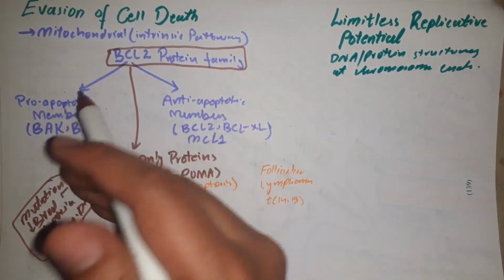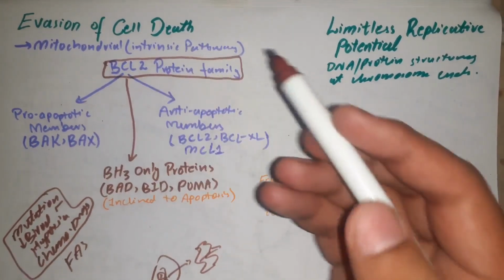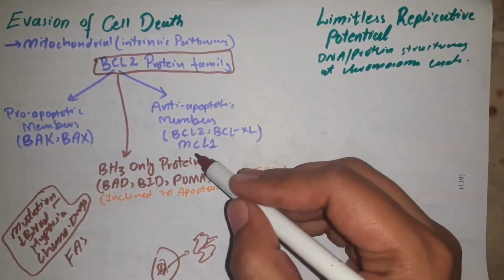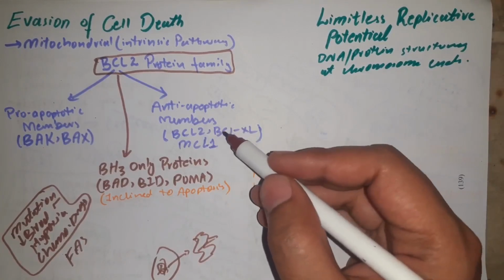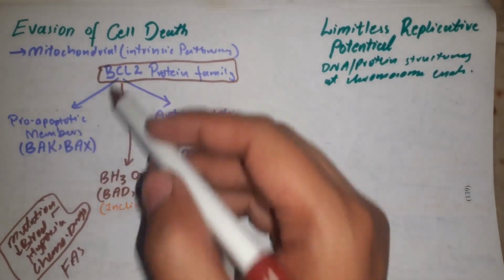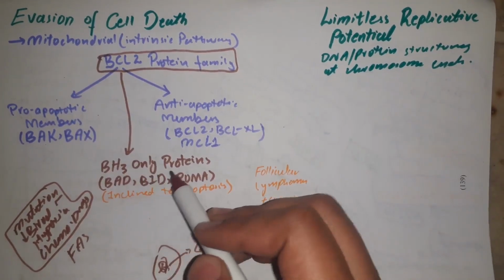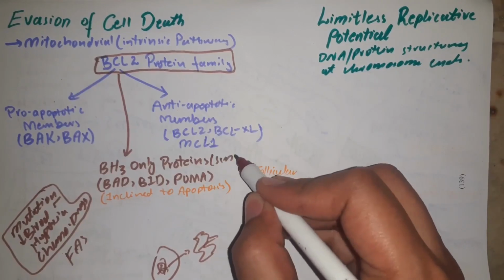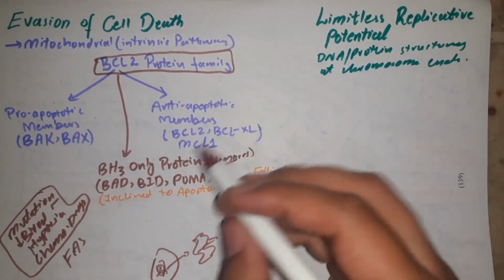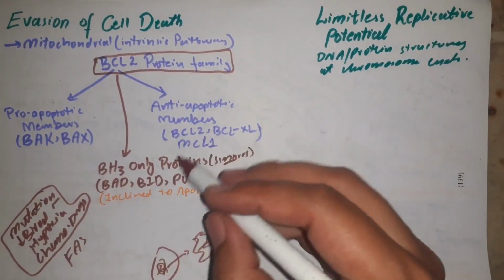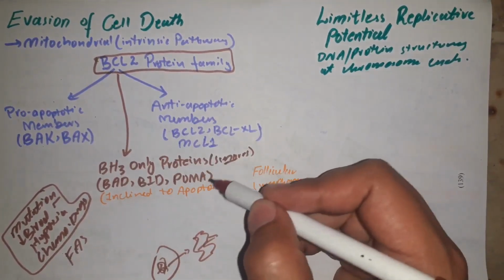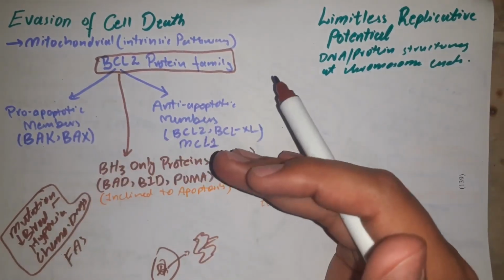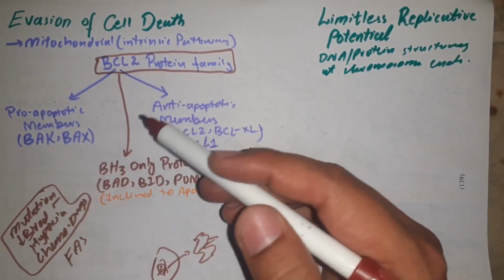These two proteins are pro-apoptotic proteins, and anti-apoptotic proteins include BCL2, BCL-XL, and MCL1. These are anti-apoptotic proteins. And another set of proteins is BH3-only proteins, which are basically sensors, and you can call them sensors of cellular stress, and these include BAD, BID, and PUMA. So these are basically three sets of proteins which regulate the intrinsic pathway.